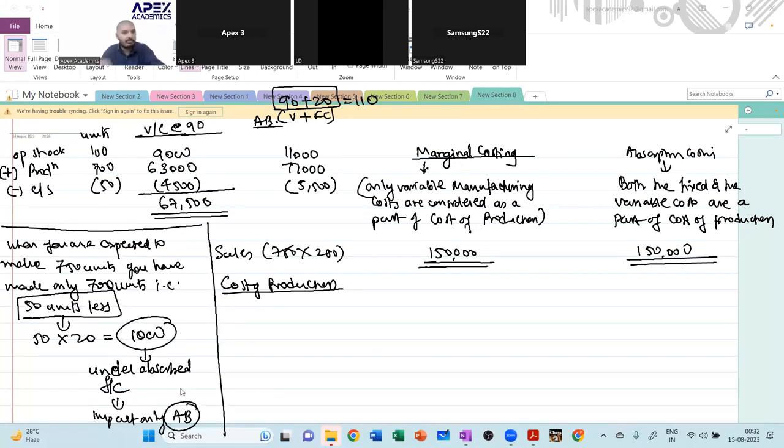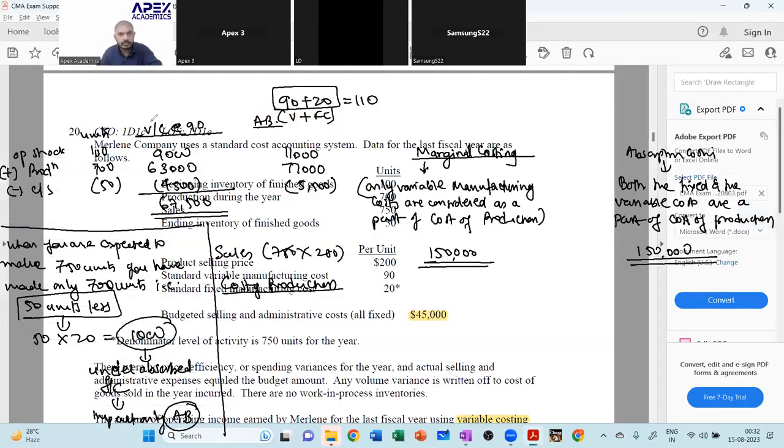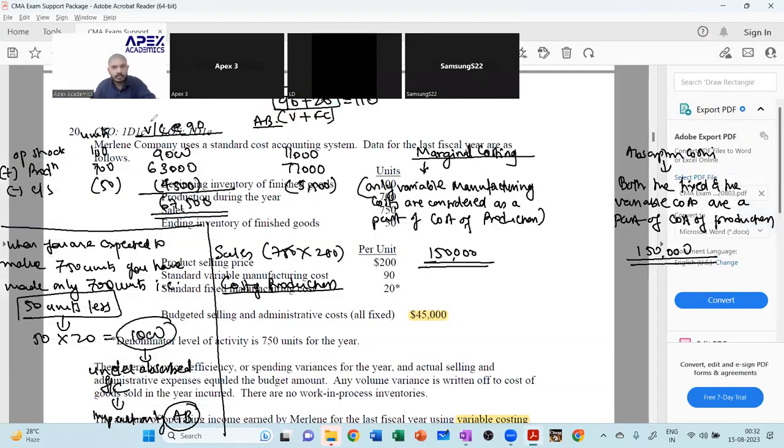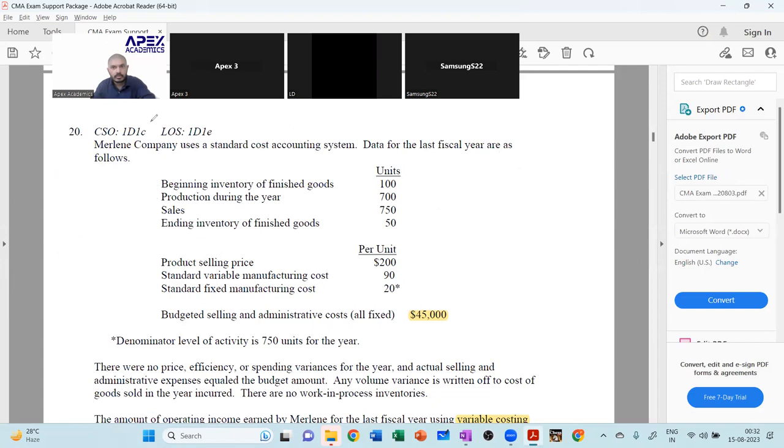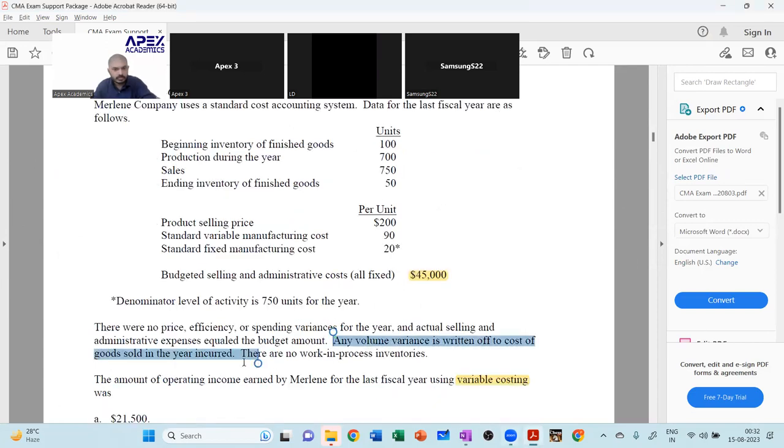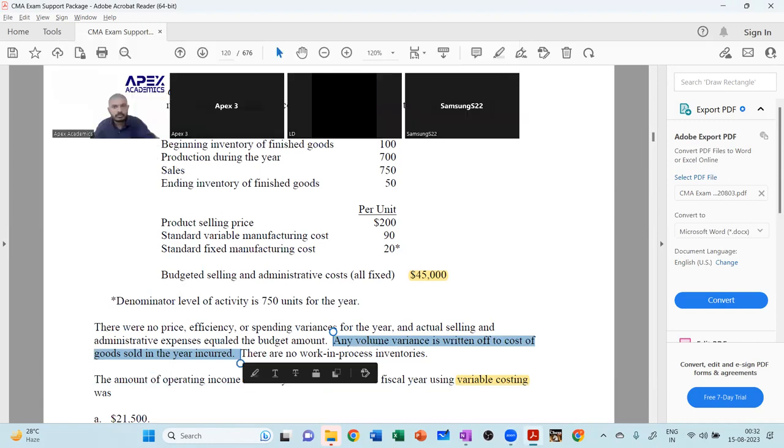Sir, why will it not impact? Any volume variance is written off to cost of goods sold in the year incurred. But my dear friends, marginal costing does not take into consideration fixed costs as a part of cost of goods sold.